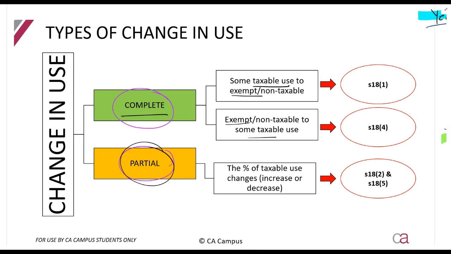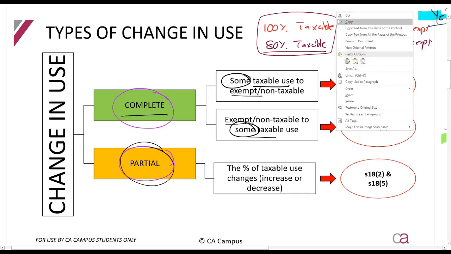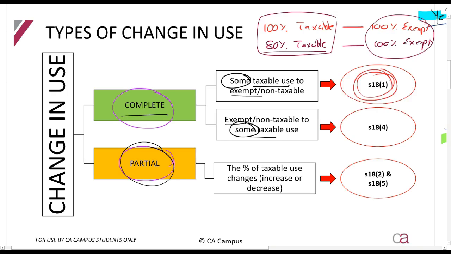Now, from the start, I want you to understand, it says some taxable. If it goes from 100% taxable to 100% exempt, then this section will apply. But this section will also apply if it goes from 80% taxable to 100% exempt, or any percentage taxable. So it must be something taxable to 100% not taxable, 100% exempt.